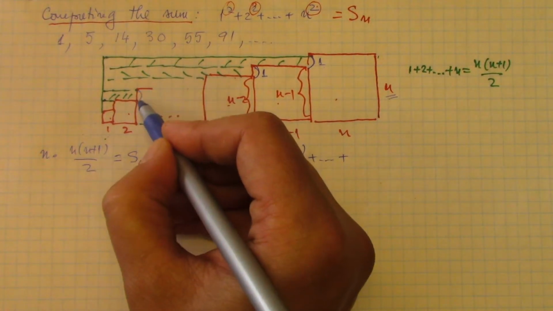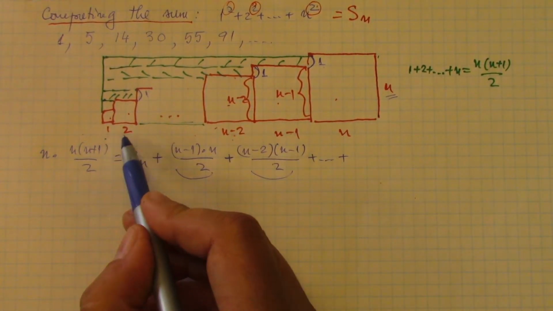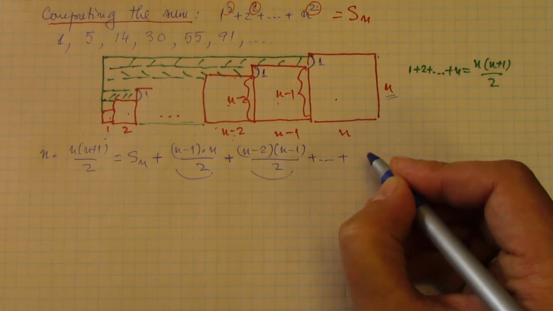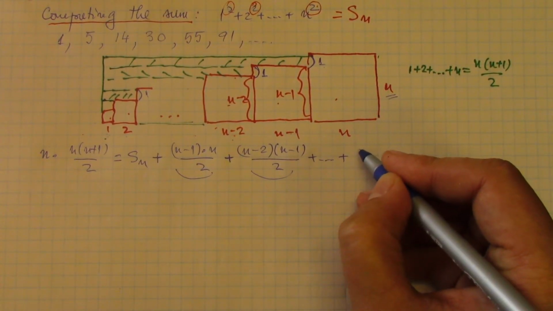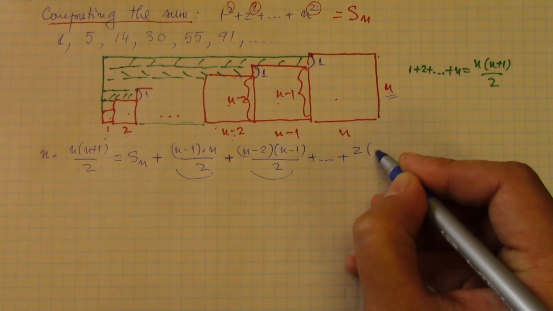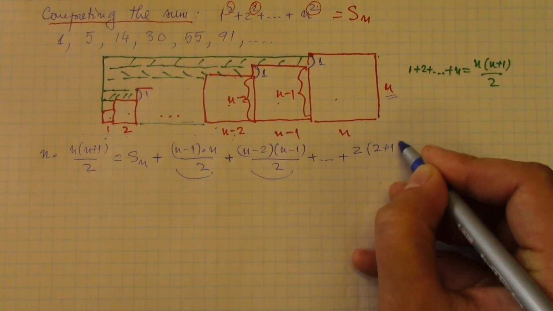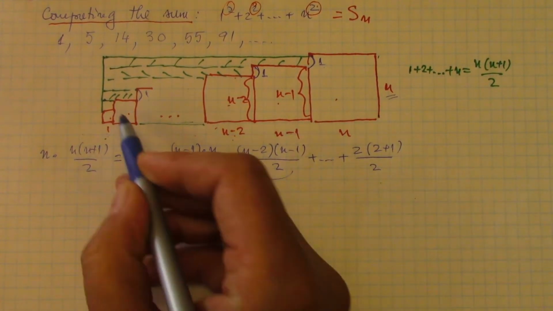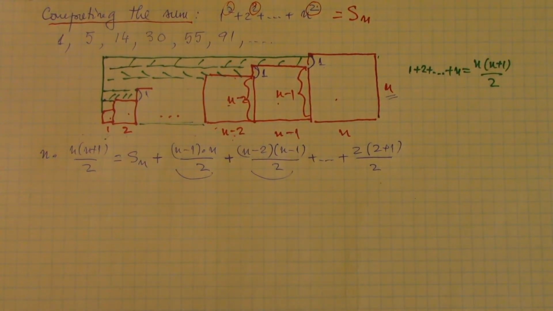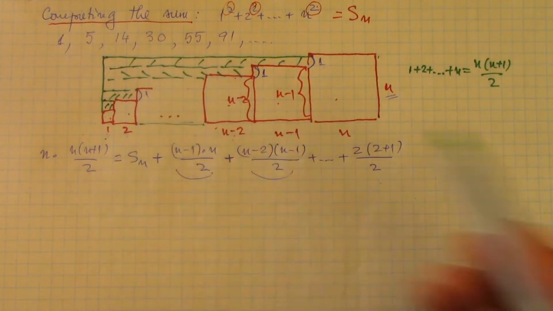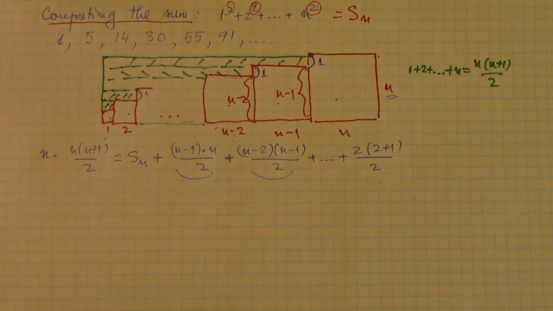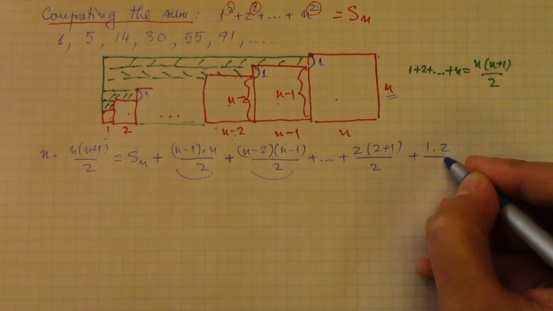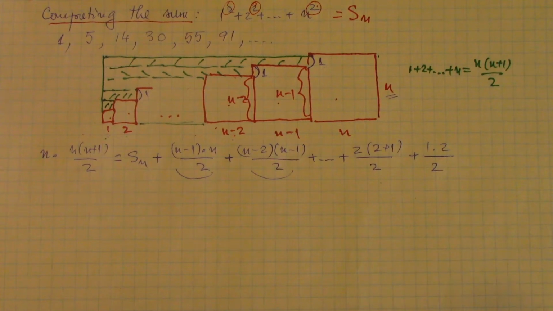So this would be 1 times 1 plus 2, and 1 plus 2, according to this formula, is just 2 times 3, that is 2 times 2 plus 1, divided by 2. And then finally, this little part here is plus 1 times 2 divided by 2.